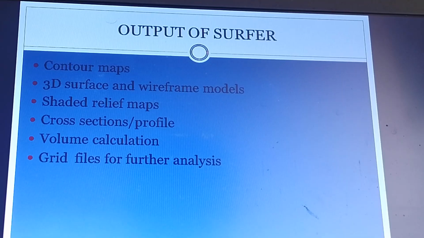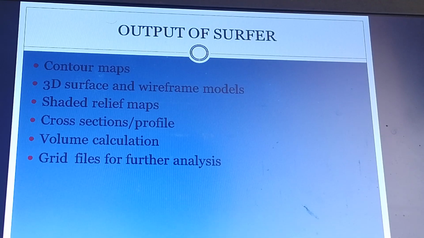The first one is contour maps. With contour maps, Safa takes an XYZ coordinate, which is the coordinate and elevation, and creates smooth contour lines automatically.